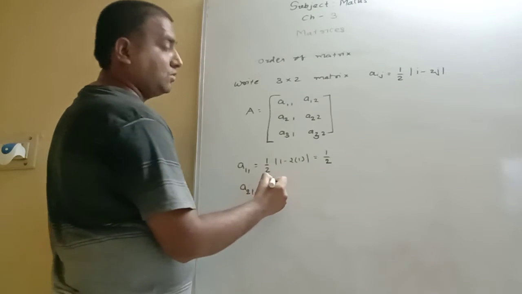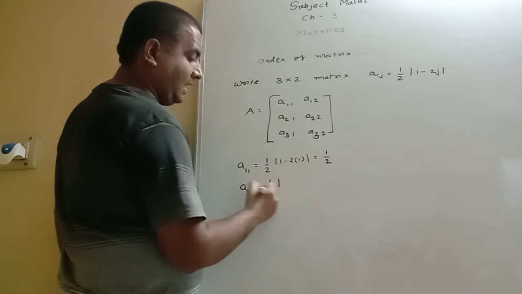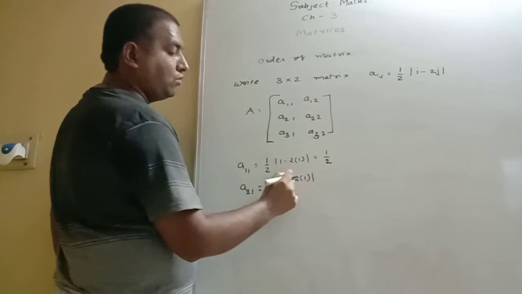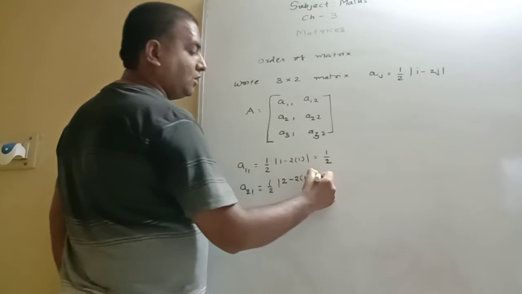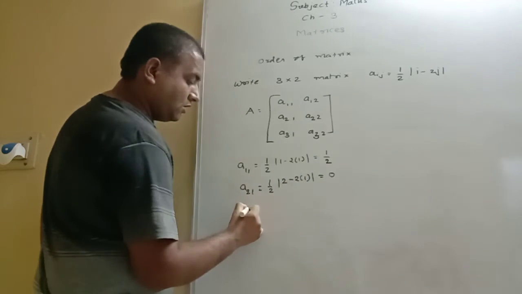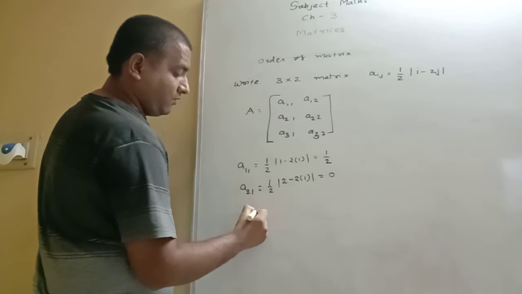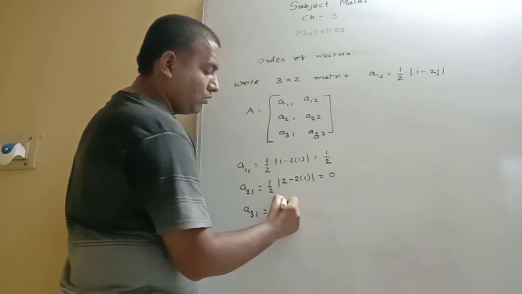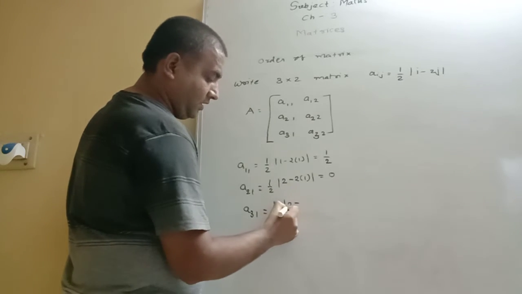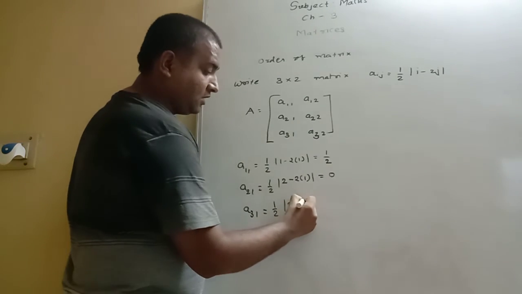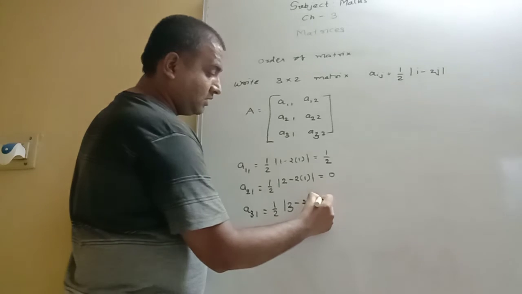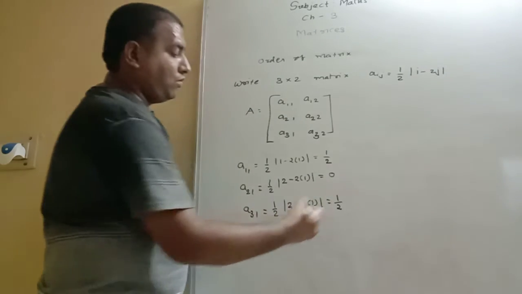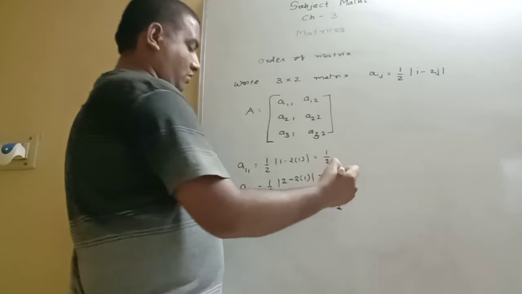A21 is equal to 1 by 2 times the modulus of 2 minus 2 into 1, that is 2 minus 2, which is 0. A31 is equal to 1 by 2 times the modulus of 3 minus 2 into 1, that is 3 minus 2, which is 1, so 1 by 2. A12.